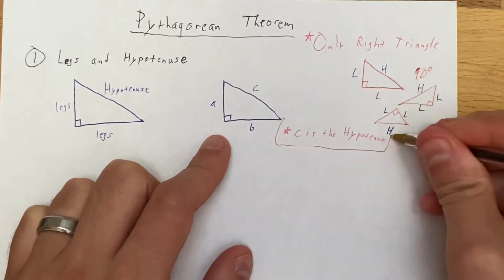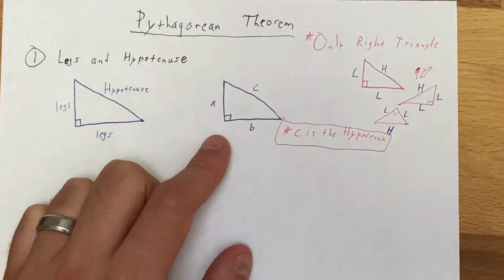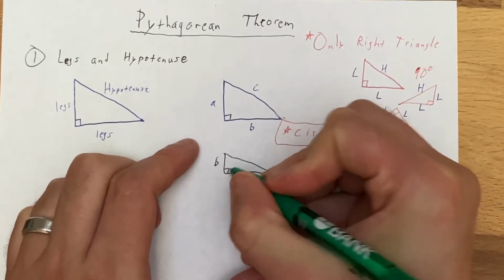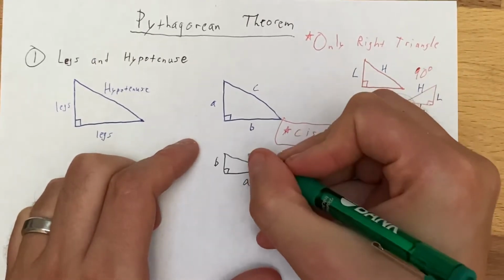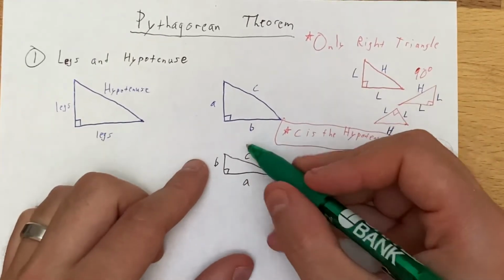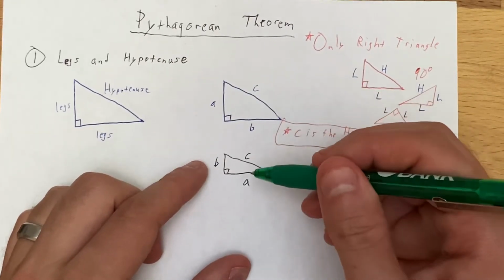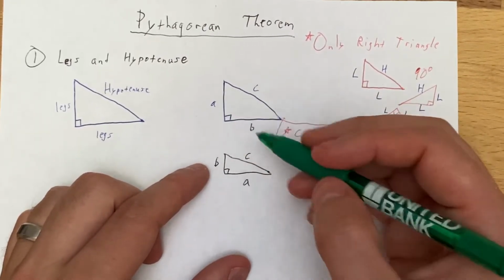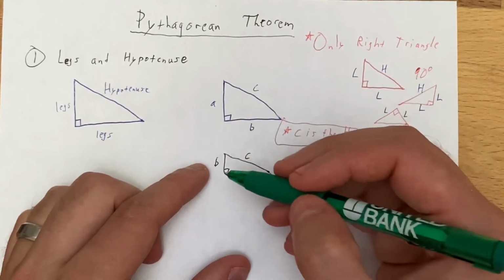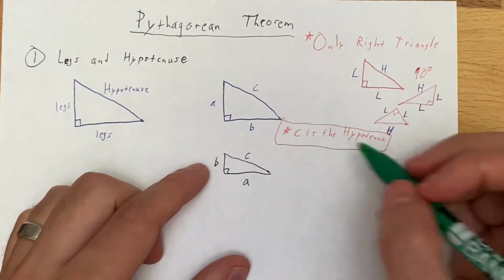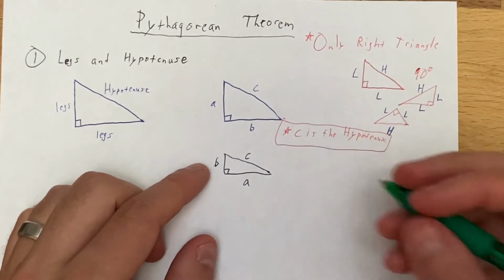C is always going to be the hypotenuse. Technically, I could switch the other two. I don't really care about that. I could put the B here, the A there, but C does have to be the hypotenuse. That is going to make a difference in the formula that we will be using. So A and B can switch, that doesn't matter because they're both legs, but C is always the hypotenuse. So always make sure that when you're labeling, C is the hypotenuse.